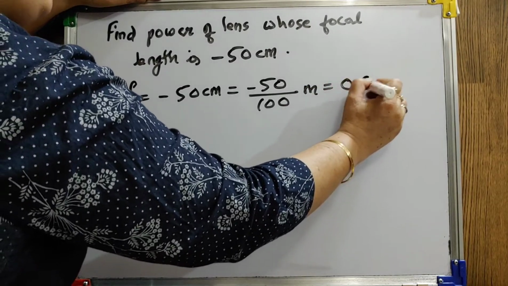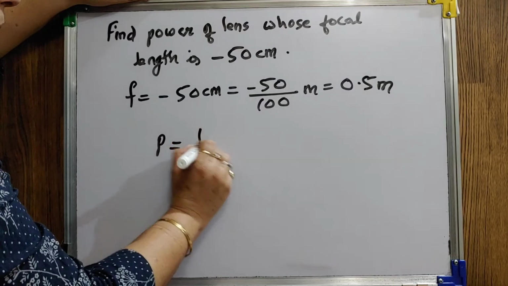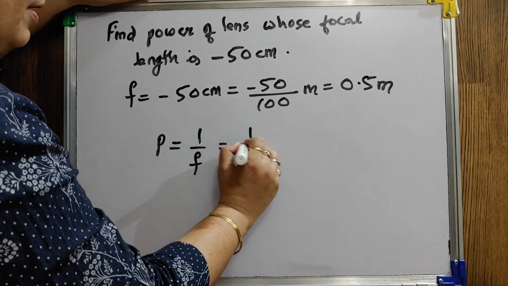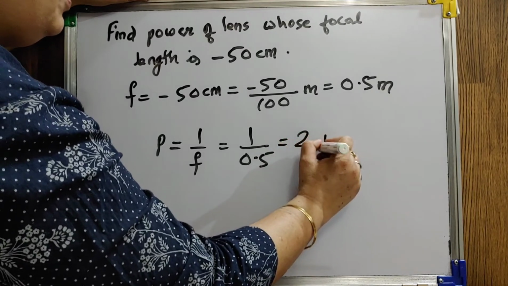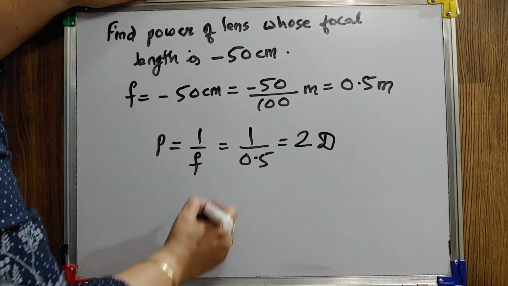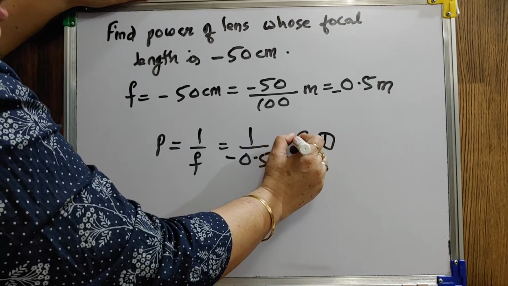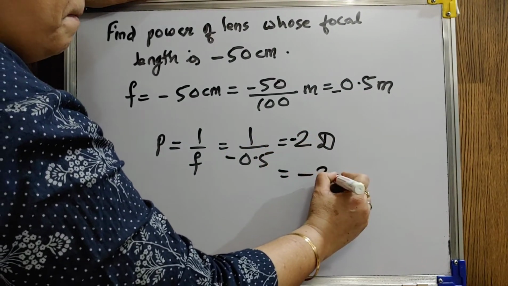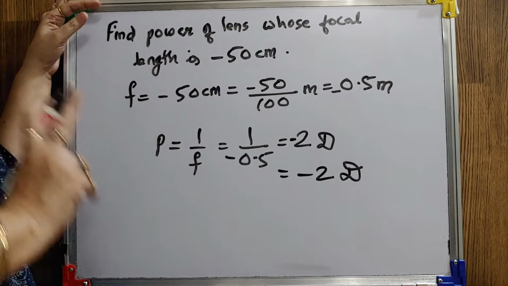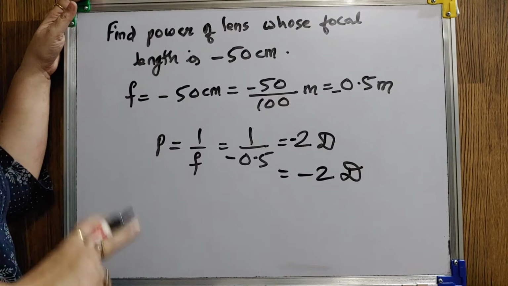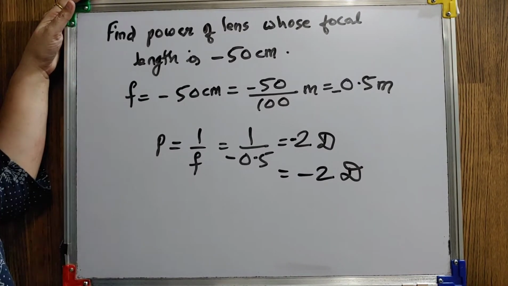It will be 0.5 meter. Now you know power is 1 by f. 1 by 0.5 will be 2 diopter. But you know it is negative, so your answer should be minus 2 diopter. Don't forget to take the sign. If it is concave, negative power. If it is convex, positive.